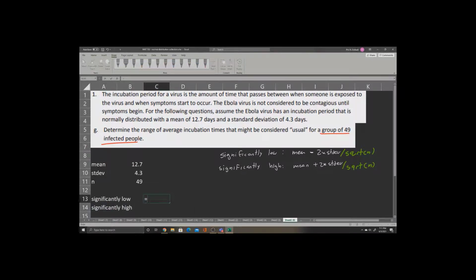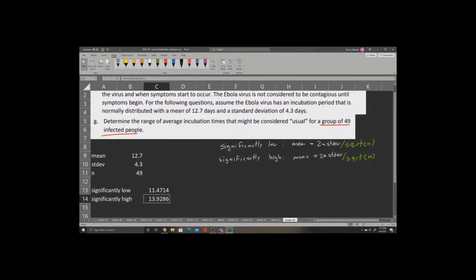Our significantly low value is mean subtract 2 multiply standard deviation divide square root of n. And we get 11.4714. We'll do the same thing again for significantly high. Mean plus 2 times standard deviation divide square root of n. We press enter and get 13.9286.